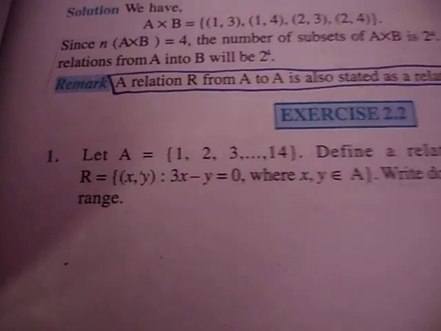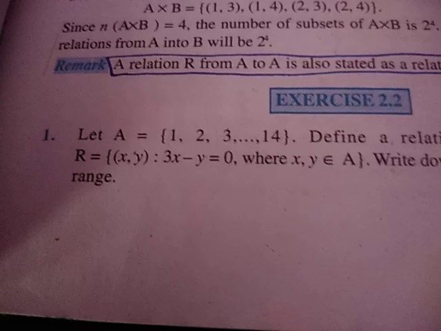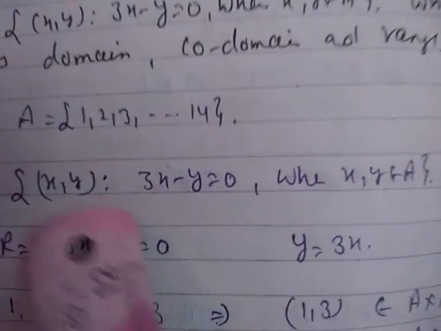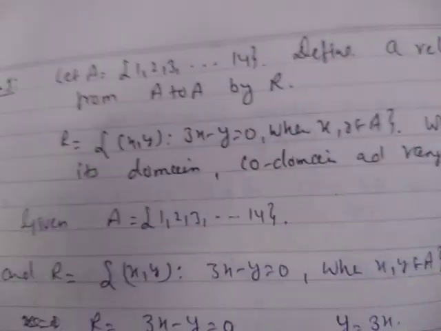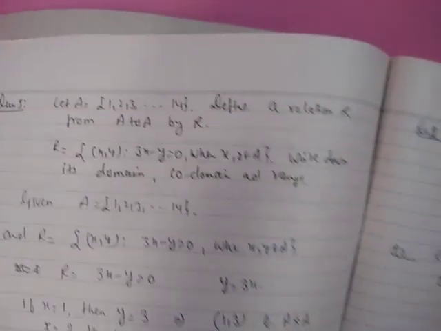Okay, the relation is here, children, y equals 3x. Just see here, A is this one. Now A is this one, then what will be the Cartesian product of A cross A? That is 14 into 14.